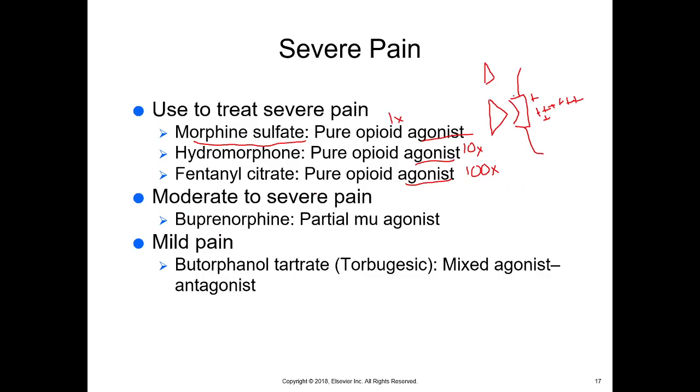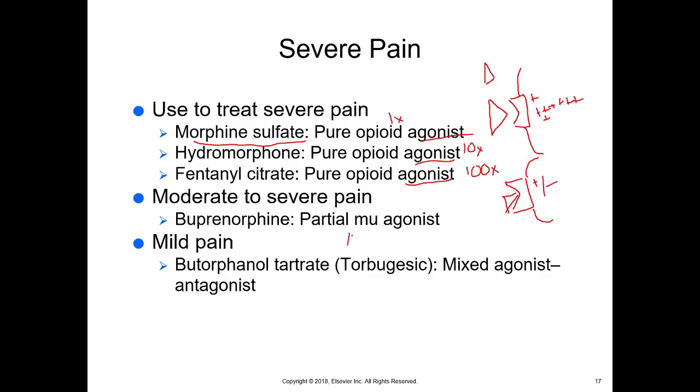So this is a mu receptor. Okay, buprenorphine will fit into a mu receptor but only partially. Okay, so it's not going to have as big of an effect, not as big as morphine, because it only has a partial effect.